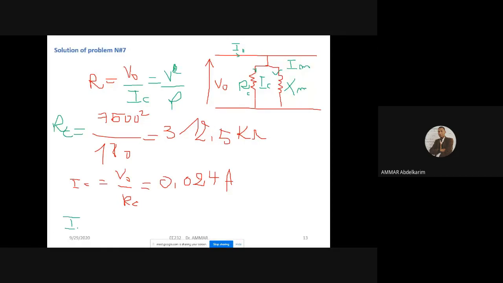We know that I0 equals the vector sum of IC plus IM, so I0 squared equals IC squared plus IM squared. Therefore IM equals the square root of I0 squared minus IC squared.